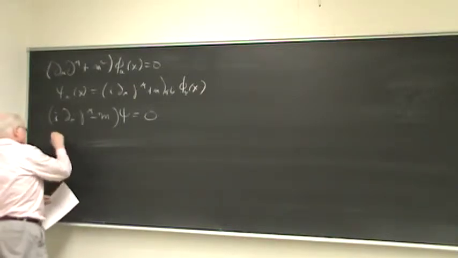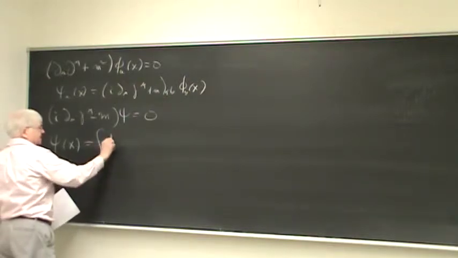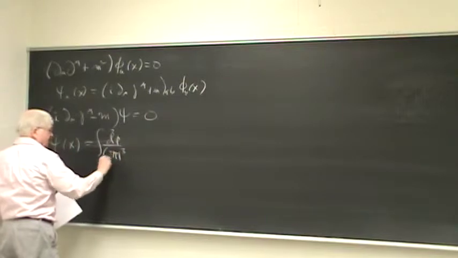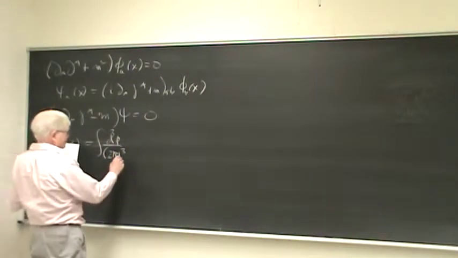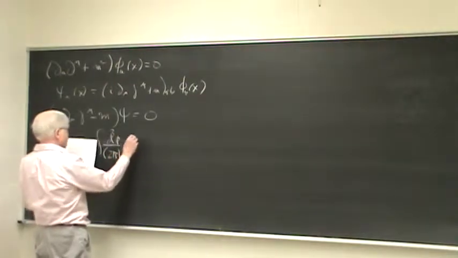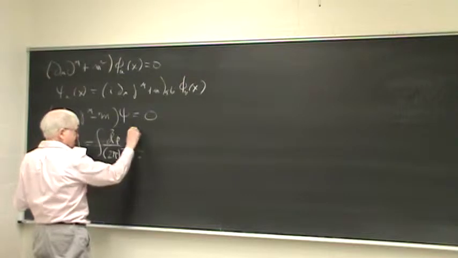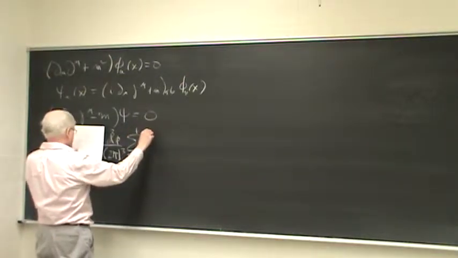And we want to expand a spin 1/2 field in the usual way. ∫ d³p over (2π)³, and then we have to sum over the 2 spins, or plus to minus, whichever way you want.